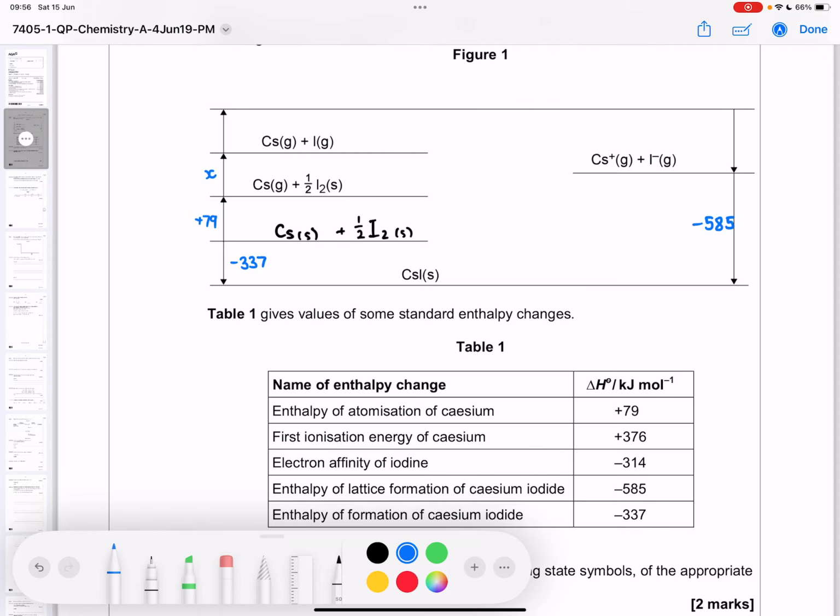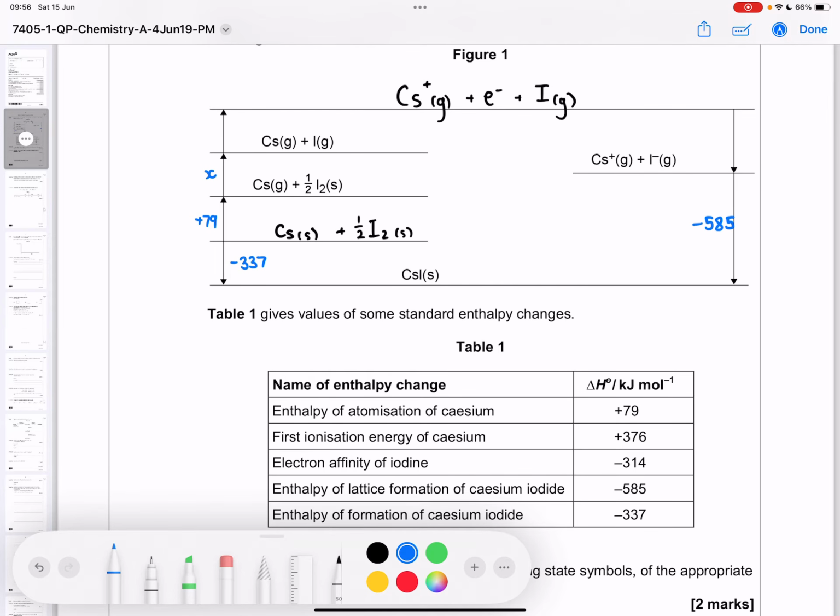Then we're going from cesium gas and iodine gas to something on the top line. Now this is a positive enthalpy change, so this needs to be something we put energy into. So this would be cesium being ionized. And when it's ionized, an electron is lost. Nothing is happening to the iodine.